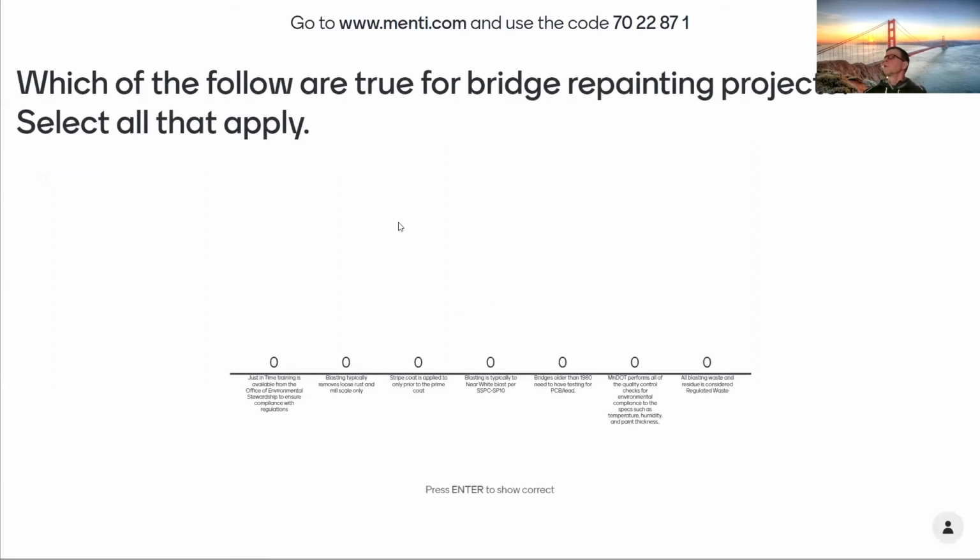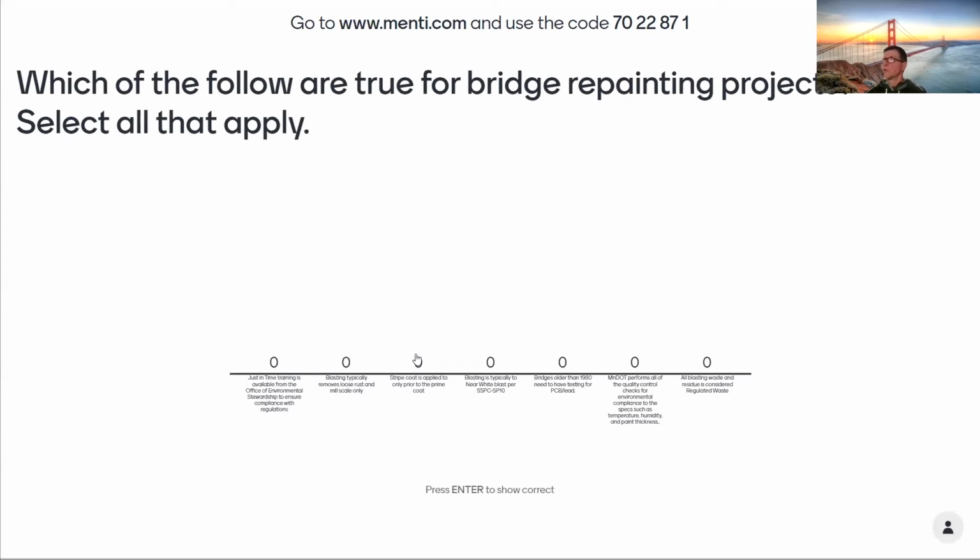Which of the following are true for bridge repainting projects? Just-in-time training is available from OES. That is true. Blasting typically removes loose rust and mill scale only. So the word only, no, it removes much more than that. Stripe coat is applied only prior to the prime coat.